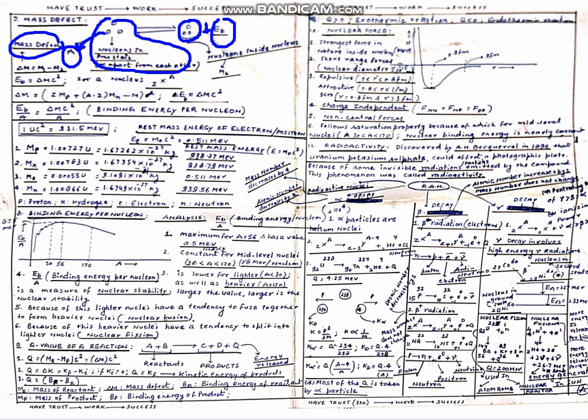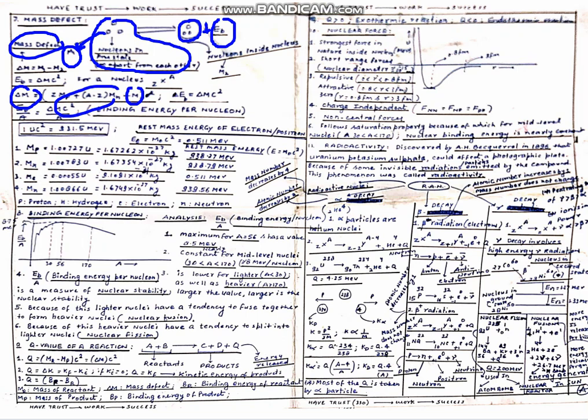The difference of mass corresponds to a certain energy which has bound the system, and that energy has to be provided to make them free, which accounts for the energy-mass equivalence. So we can say that the mass defect is the total mass of nucleons minus the nuclear mass.